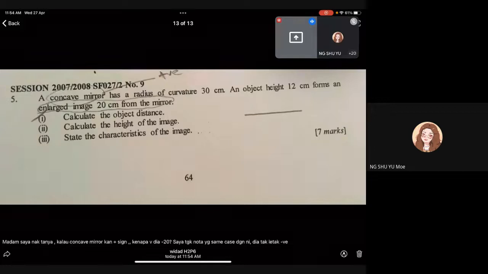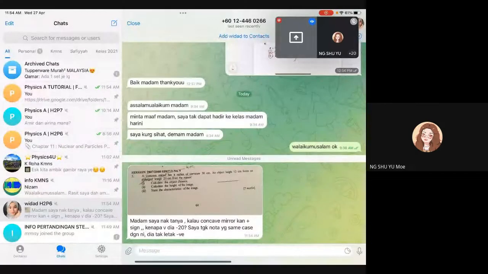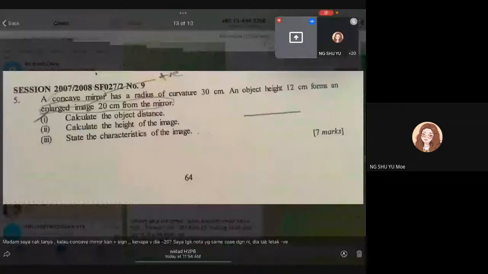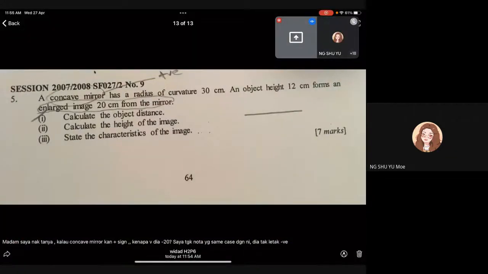Chapter 7. Awak dekat mana? Jangan cakap tak buat. At least dia dah sampai chapter 7. Okay, so kalau tak ada apa-apa saya stop dengan tasbih kifarah surah Al-Asr. Okay, bye. Thank you, madam.